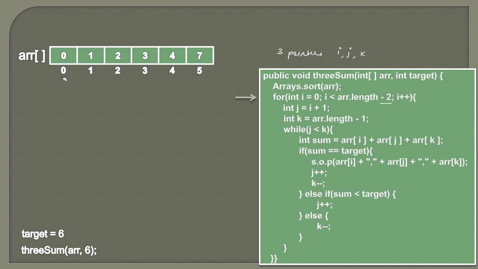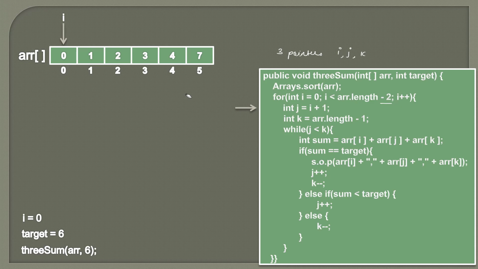It will start from 0 and go to index 3, which is array.length 6 - 2, 4. So here less than means that it will go till 3. Currently i will start from 0. It means it will be pointing to the 0th index of the array.